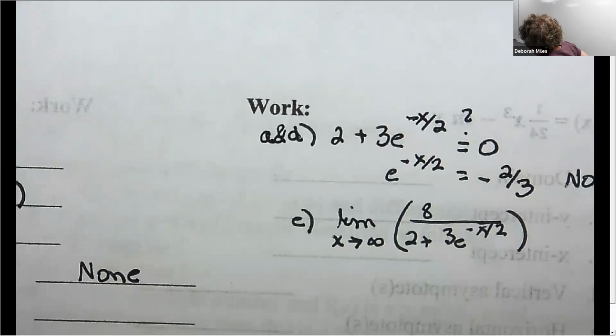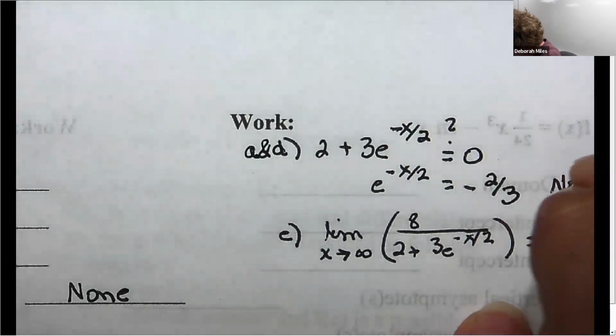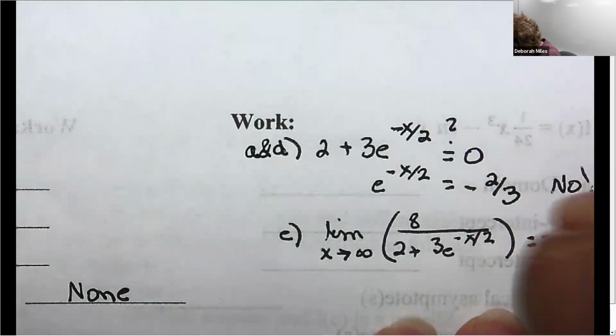Can you tell what it would become? Oh, but it's e to the negative x. Ooh, I'm glad you said that, Neil.